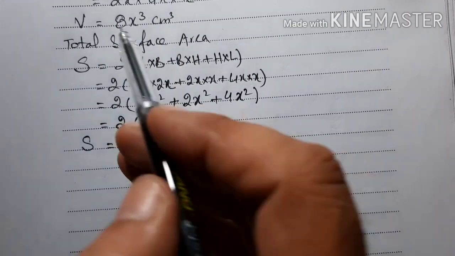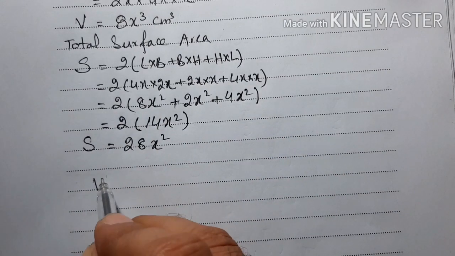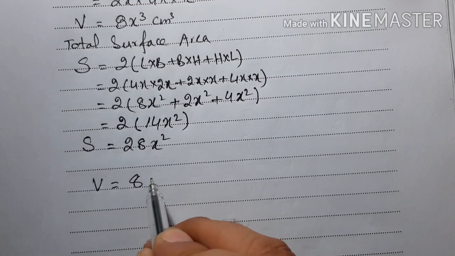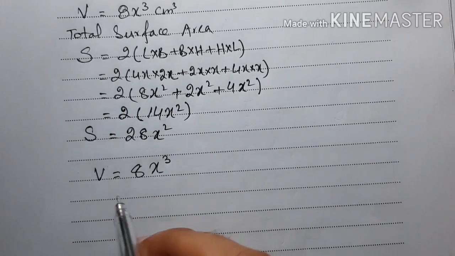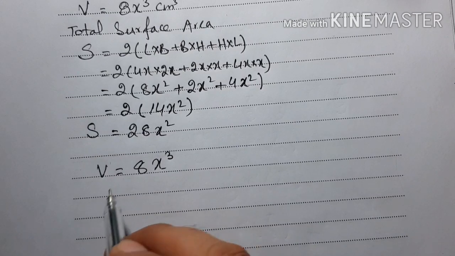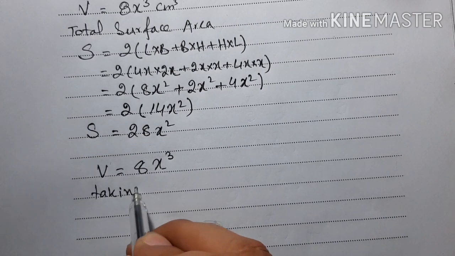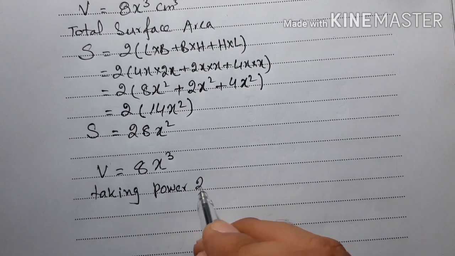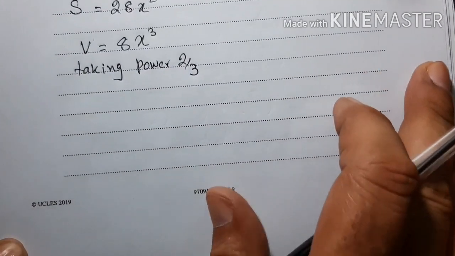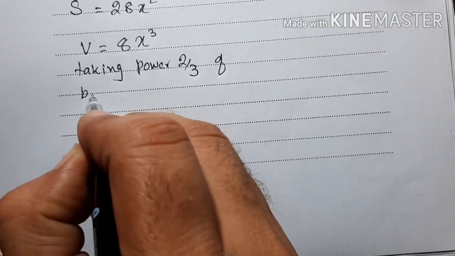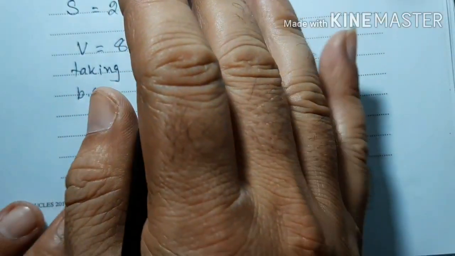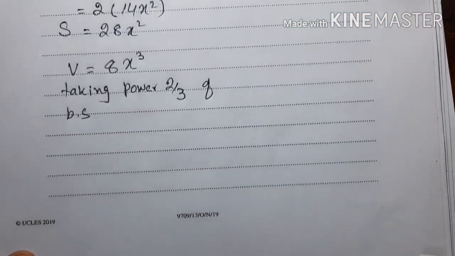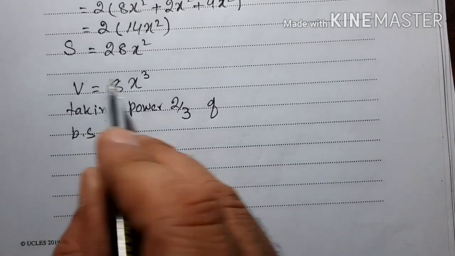Now, if we look back, we know that the volume is 8x cube. Taking power 2 by 3 of both sides, because we can see in the answer that the volume has power 2 over 3, we can take power 2 by 3 of both sides.